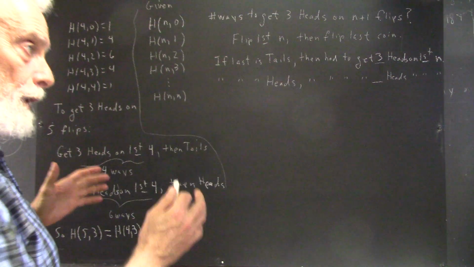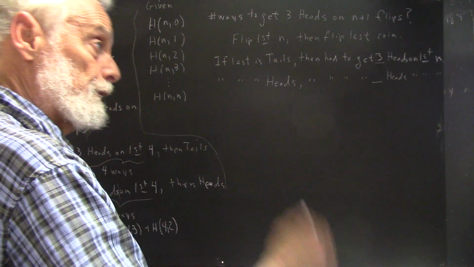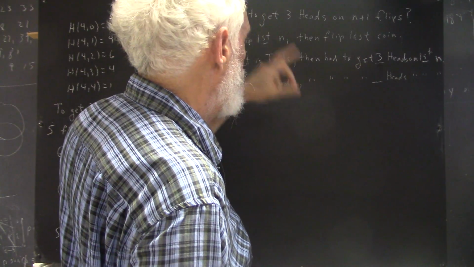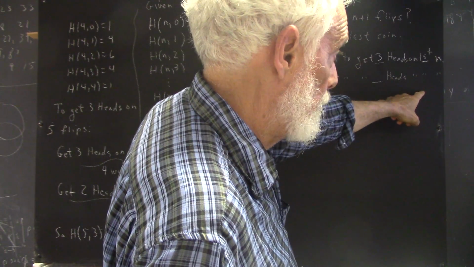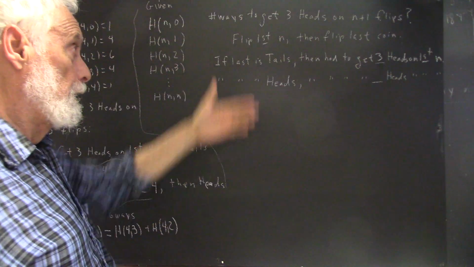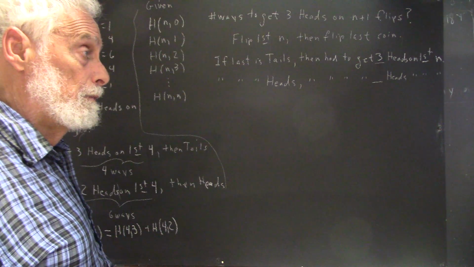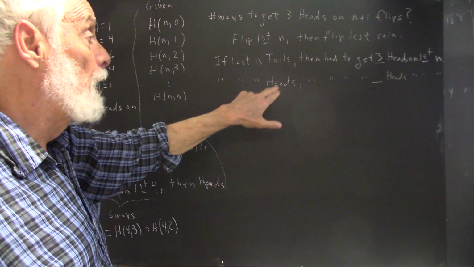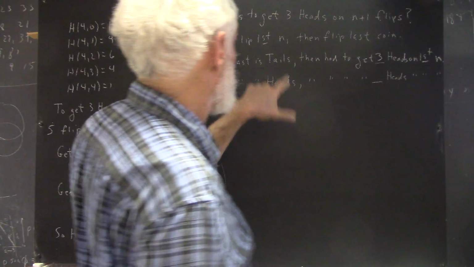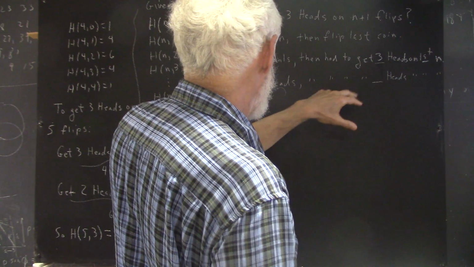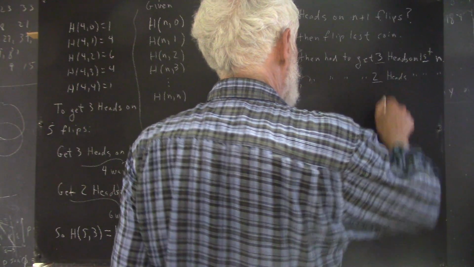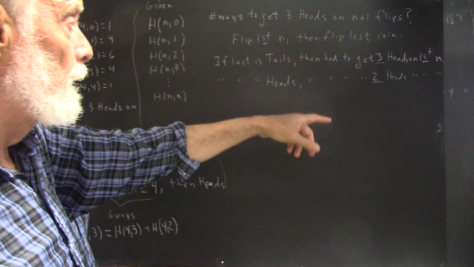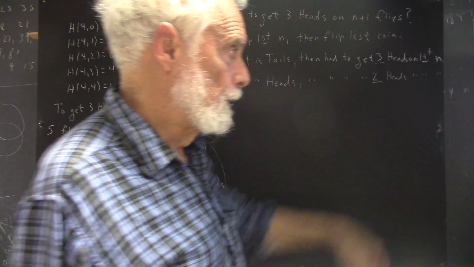Now, suppose that we flip the n and the last one is heads. Then, what did we have to get on the first n flips in order to end up with 3 heads? Well, you should answer that before I do, but okay, you got a head here, so in order to get exactly 3 heads, we had to get 2 heads on the first n flips. Okay, now how many ways are there to get 3 heads on the first n?